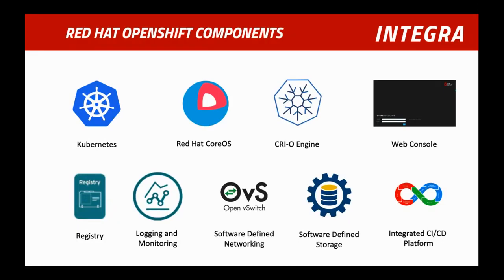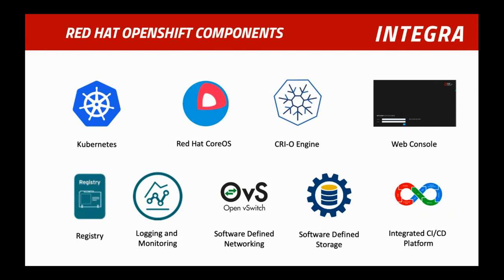As discussed earlier, Red Hat OpenShift Container Platform uses Kubernetes as its container orchestration engine. Red Hat OpenShift Container Platform uses Red Hat Enterprise Linux CoreOS. CoreOS is basically a lightweight container-optimized operating system.